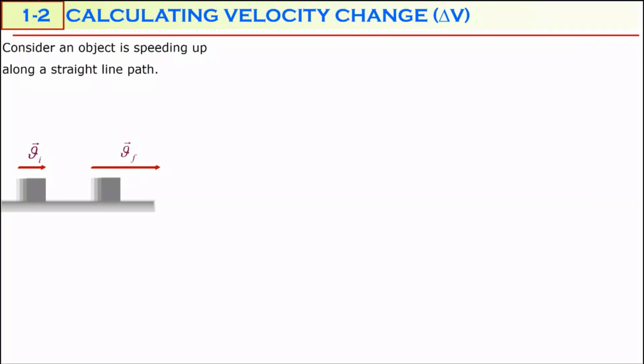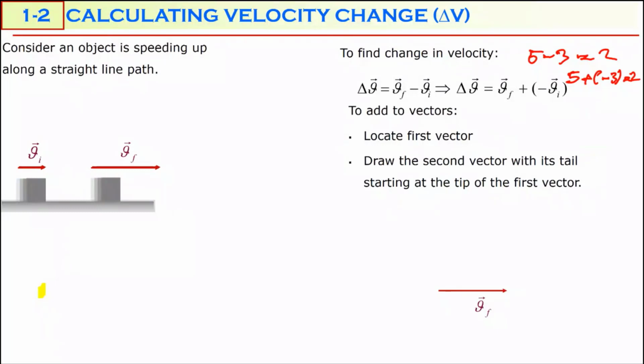Now I am going to remind you how to calculate delta V. In the 11th grade, you learned like this: to find the change in velocity, delta V is equal to V final minus V initial. Later, you wrote it like this: delta V is equal to V final plus negative V initial. It is a vector, so delta V, V final minus V initial, is equal to V final plus negative V initial. This negative V initial means negative.